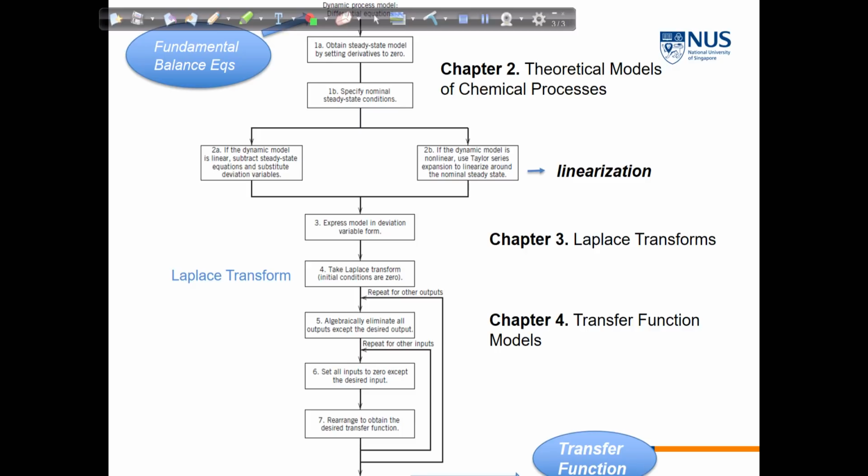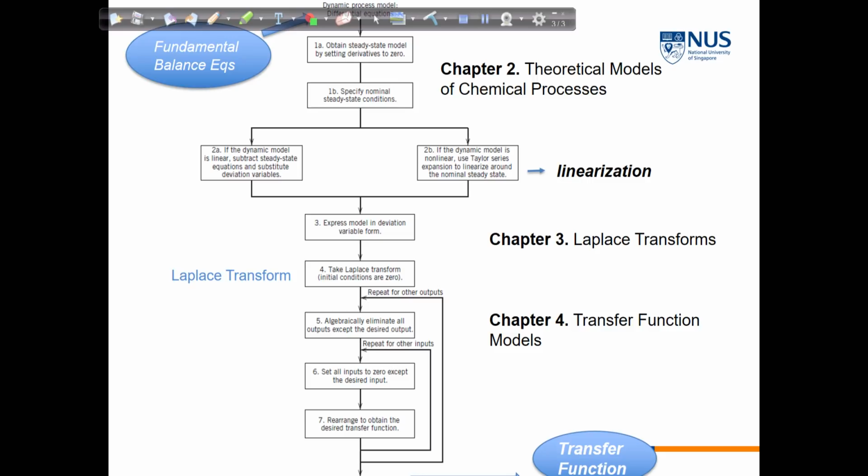Okay, so following the linearization step, we have described all the steps to get the theoretical model, the transfer function model, of the chemical process. Firstly, for dynamic process models, we always start with differential equations. We want to obtain a steady state model by setting the derivatives to 0.